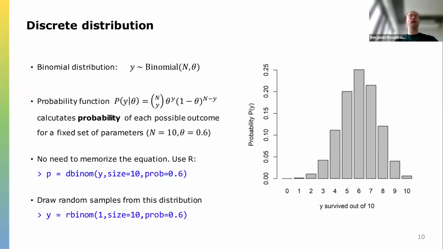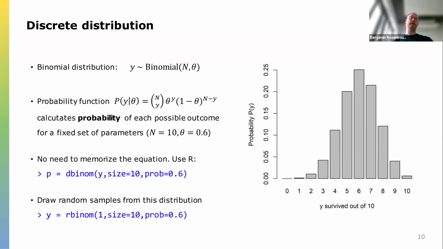You can just use R to calculate probabilities, for instance, with the dbinom function, which calculates probabilities of single outcomes. So you can calculate, for instance, the probability of 4 individuals surviving the winter, and then you will get some answer which is 0.11 something.